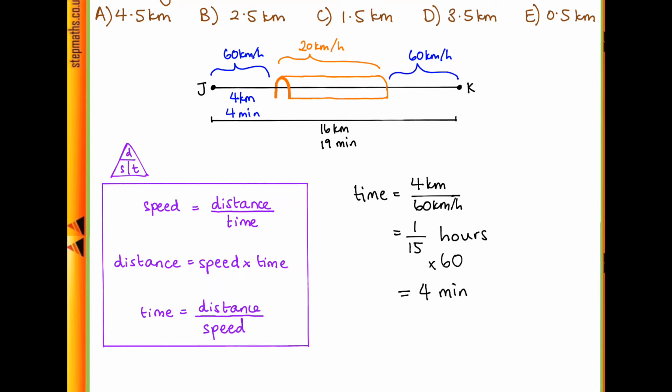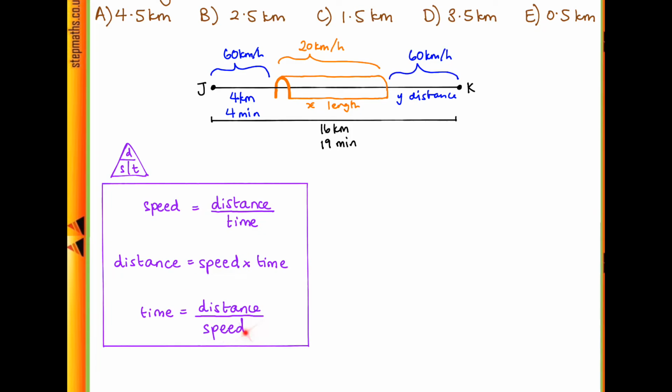Now what do we not know but might like to know? We don't know very much about when we're in the tunnel and after the tunnel, between the end of the tunnel and Kayton. We have some speeds but no distances or times. So let's say x is the length of the tunnel and y is the distance between the end of the tunnel and Kayton. Now we have some distances, we can work out some times.